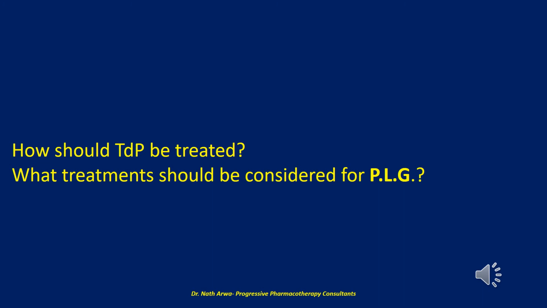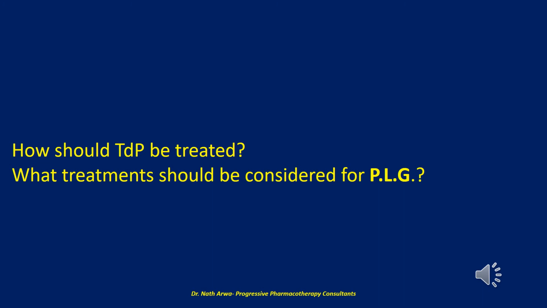Before administering magnesium, potassium levels should be supplemented to the high normal range of 4.5 to 5.0 millimoles per liter. A common magnesium regimen is 2 grams given over 60 seconds through the IV route, followed by an infusion of 2 to 4 milligrams per minute.